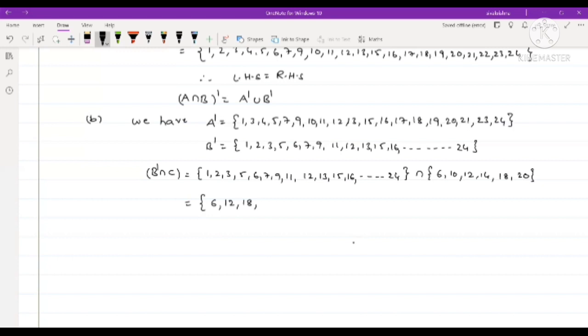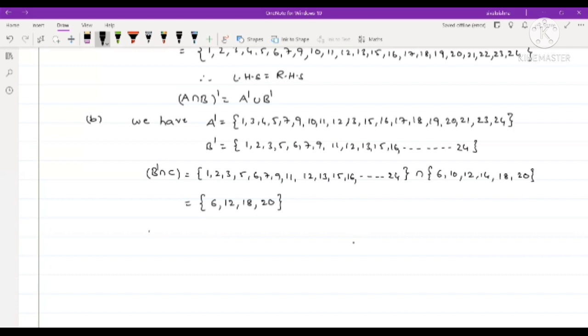And after that we are having 20. So these are the only four elements which are common in both the sets: 6, 12, 18 and 20. Okay. So we are not having 10 in common. We are not having 14 in common. This is B' intersection C.